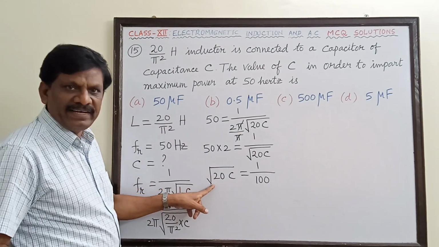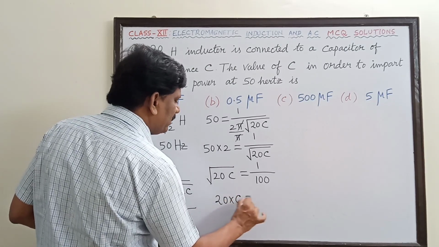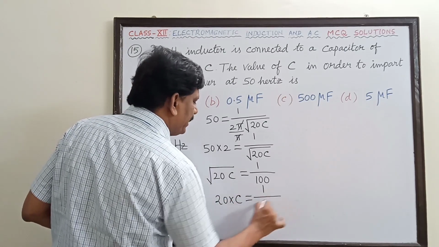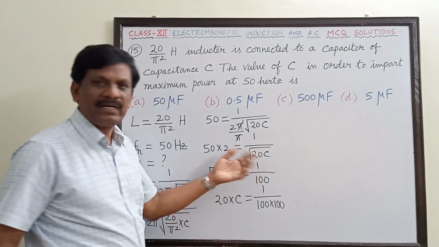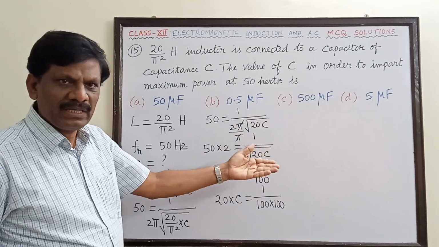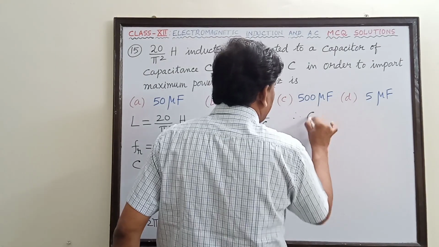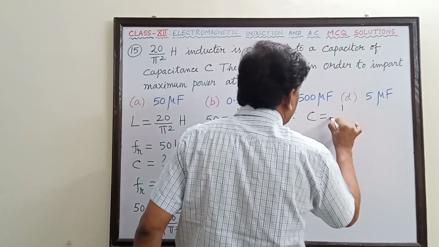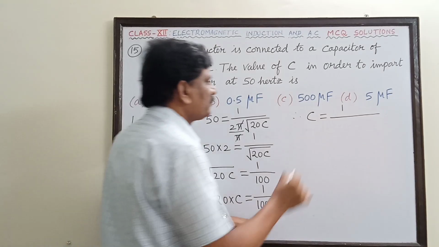So square root will vanish. So this is 20 into C, which is equal to 1 by 100 into 100. I have squared on both sides. So now the value of C is equal to 1 divided by this 20 will come down.